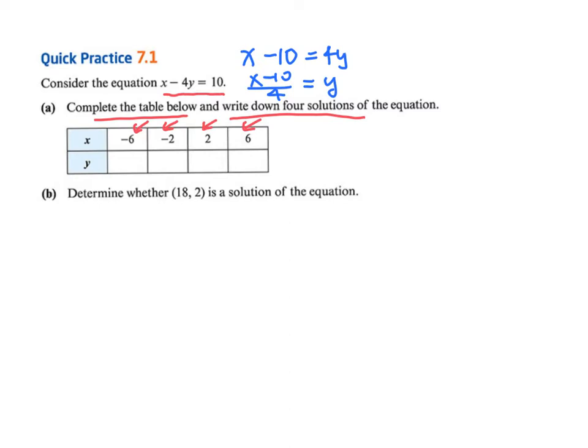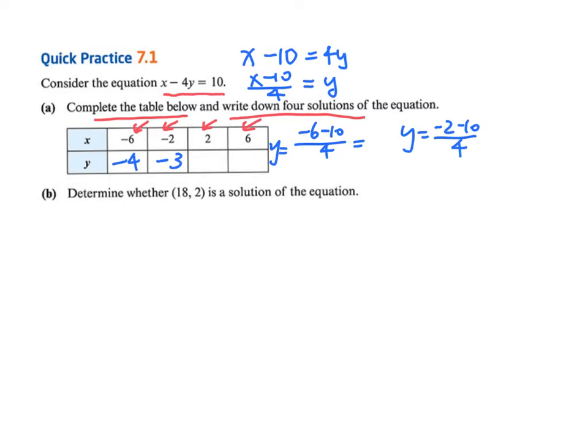So if I put x equals negative 6, y would be equal to negative 16 over 4, which means negative 4. If I put x equals negative 2, minus 2 minus 10 over 4, you will have negative 12 over 4, which means negative 3.